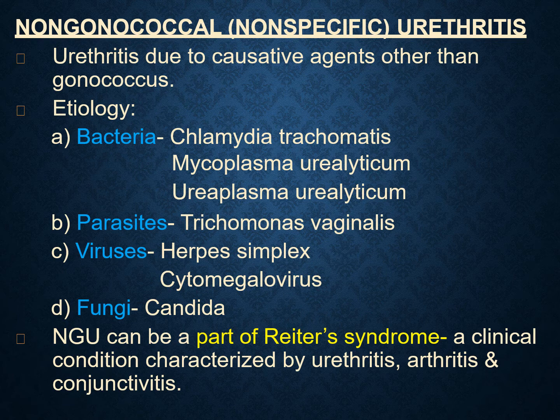Parasites like Trichomonas vaginalis, viruses like herpes simplex and cytomegalovirus, and fungi like Candida are also responsible. Non-gonococcal urethritis, also called NGU, can be a part of Reiter syndrome, a clinical condition accompanied by urethritis, arthritis, and conjunctivitis.